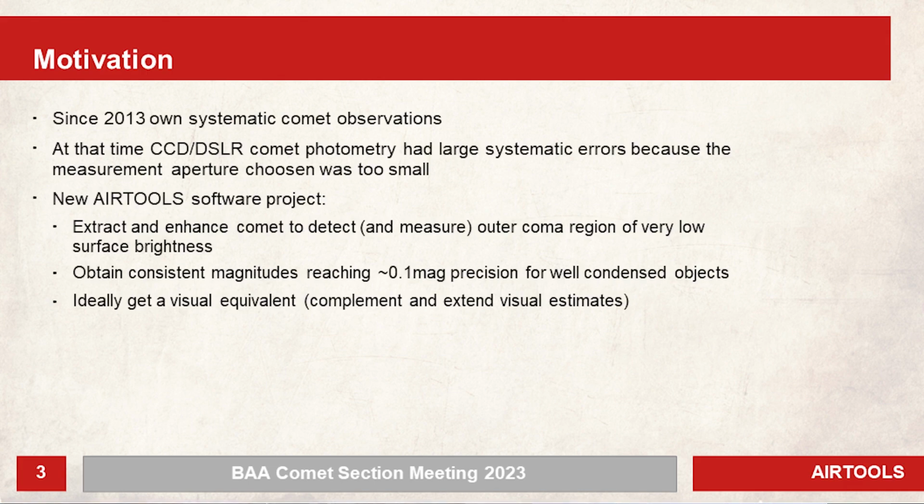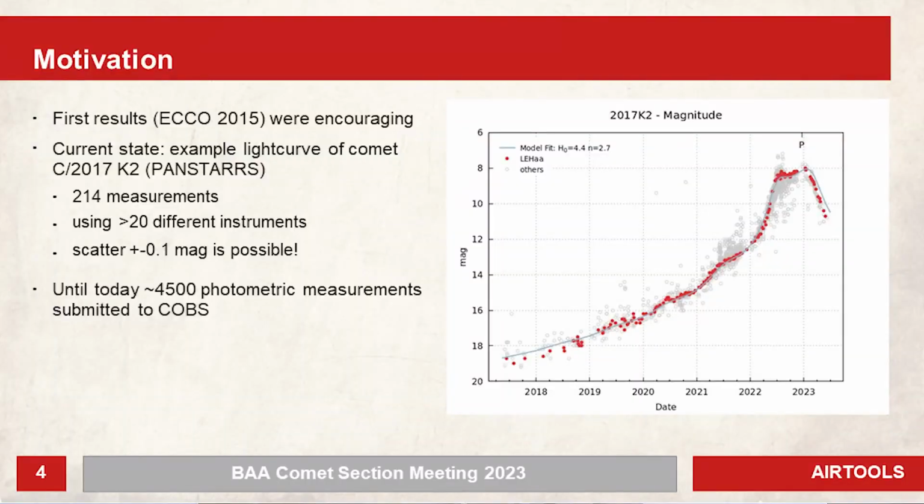And ideally, I would like to get some visual equivalent, and as we have seen in the previous talk, it's very important that we are able to combine both visual and CCD data and extend visual estimates to the fainter comets as well. So I presented first results in 2015, and they were quite encouraging, so I continued on that project. To the right there's an example of how it looks now.